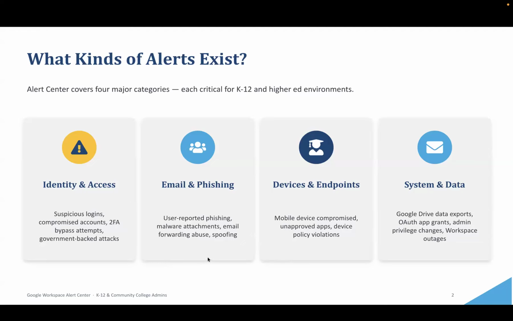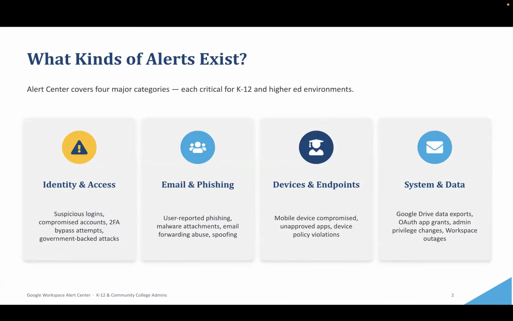We want to know about those. As well, we want to pay attention to user-reported phishing emails. If our students are in our Google domains, we want to pay attention to those, because if we've got students reporting staff members' emails as phishing and things along those lines, we want to pay attention to that.